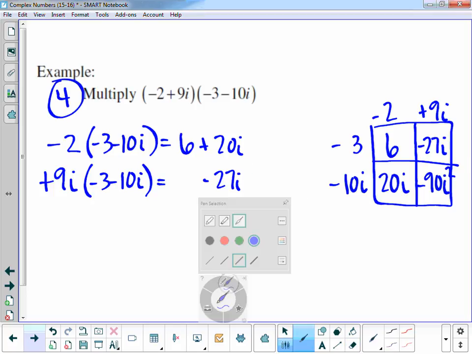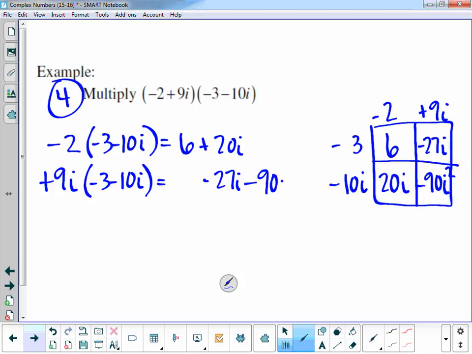All right, so your terms, you should have a positive 6, positive 20i, negative 27i, and a negative 90i squared, right? No matter which one you used. And then we can simplify the i squared to be negative 1. So negative 1 times negative 90, what will that turn into?